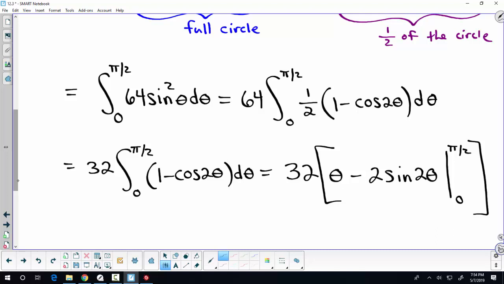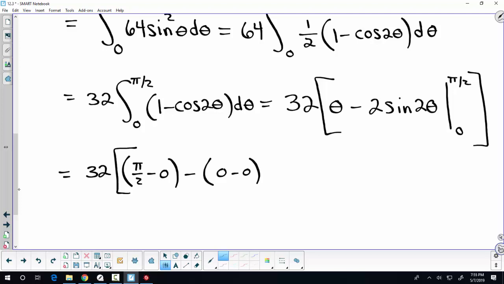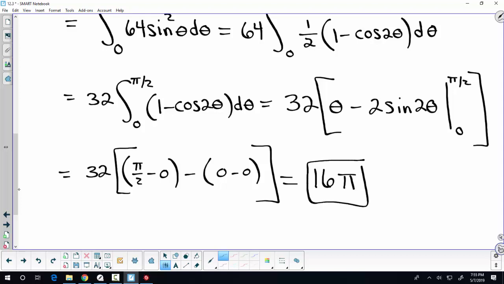Yeah? All right. That's 32 times pi over 2 minus sine of pi, evaluated at 0. We have 32 times pi over 2. 32 divided by 2 times pi. So it checks out with the area of the circle.